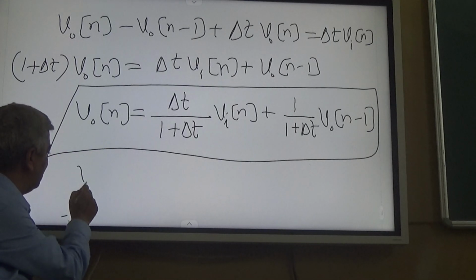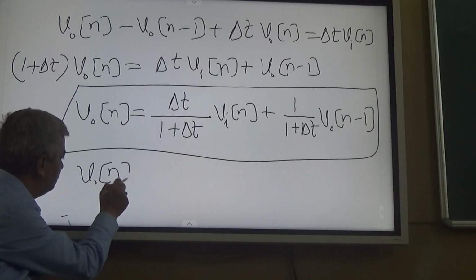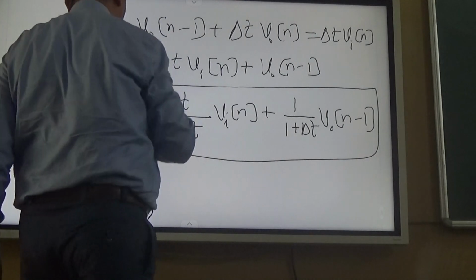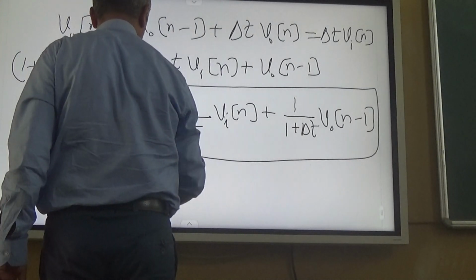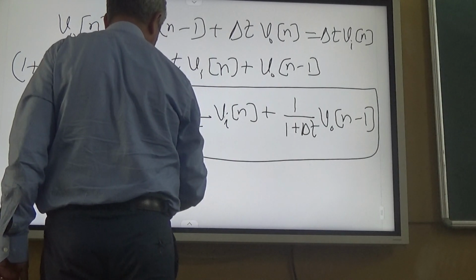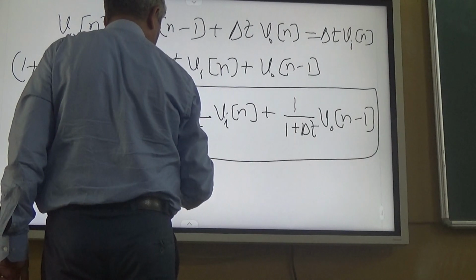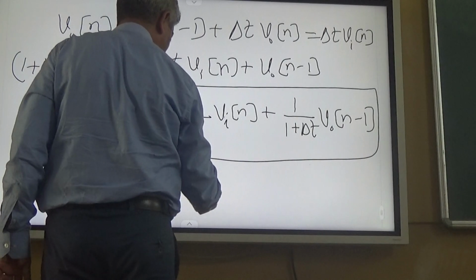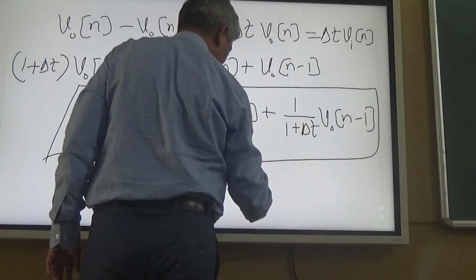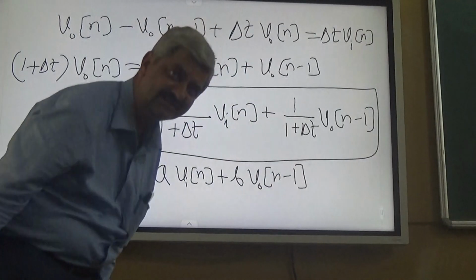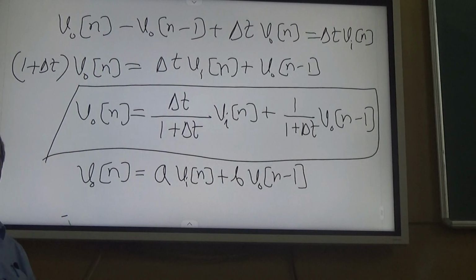So this I can write as VON is equal to, this I define as A VIN plus B VON minus 1. Is it right? A VIN plus B VON minus 1.